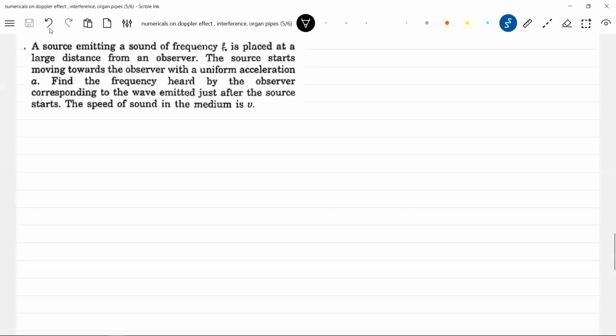So I should allow students to really think. A source emitting a sound of frequency F naught is placed at a large distance from the observer.